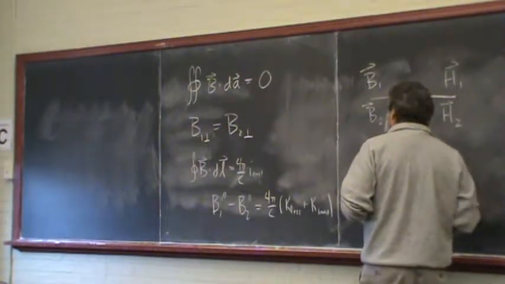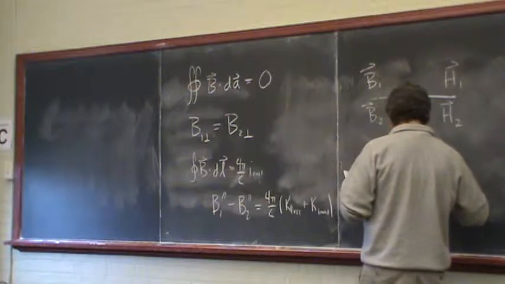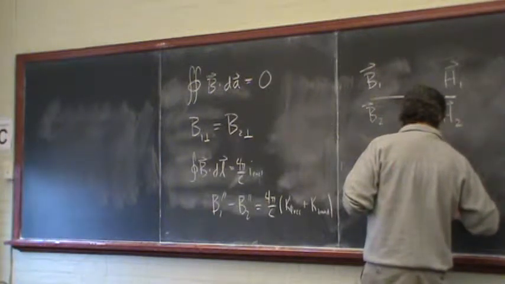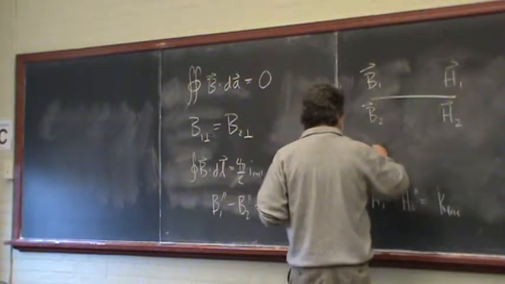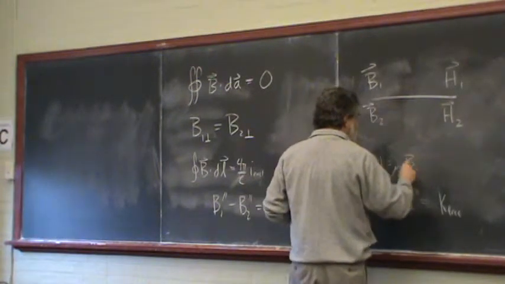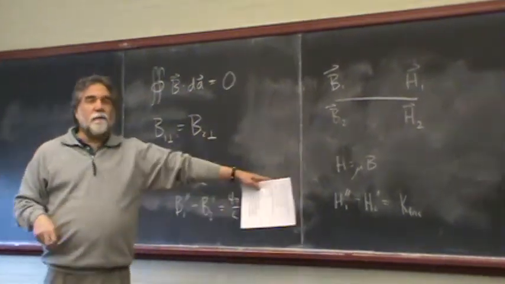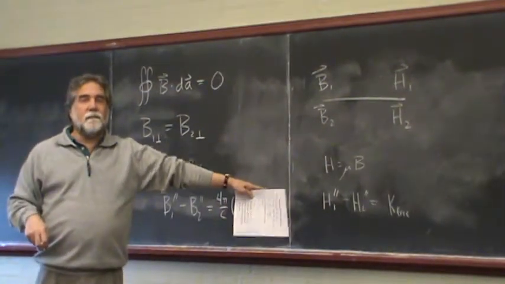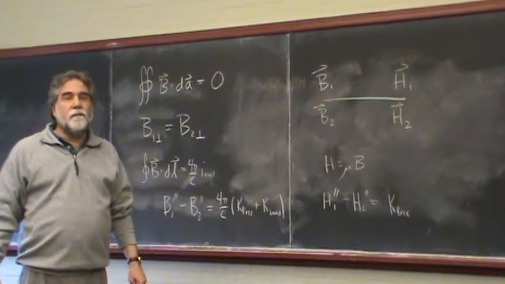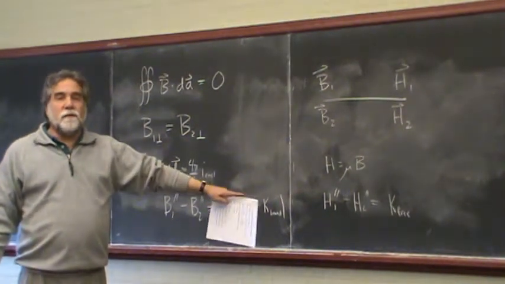Let me think about that. There's no mu in this, is equal to K free. And we have H is equal to mu B. I think there's no 4 pi over c here. There would be a mu naught, so there would be a 4 pi over c. There is no mu in H.